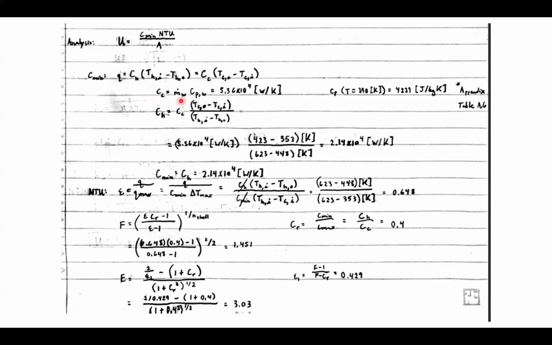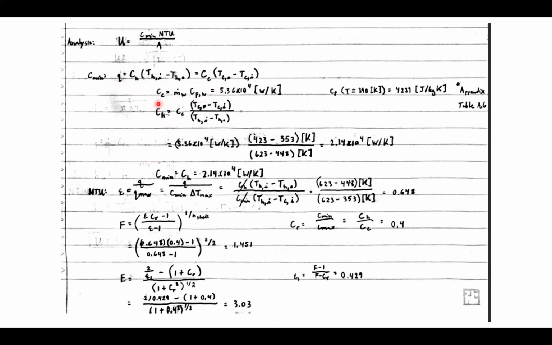So I went through and solved for the cold side heat capacity. I've got my mass flow rate of the water times the specific heat of the water. That specific heat, again, is found at the average temperature of the water using table A6 in the appendix. And once I found this cold side heat capacity, I could rearrange this equation up here for the heat transfer rate and solve for the hot side heat capacity.